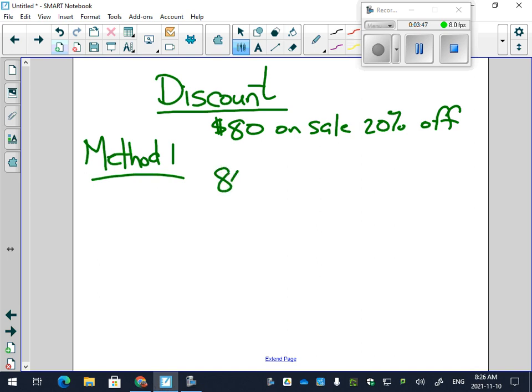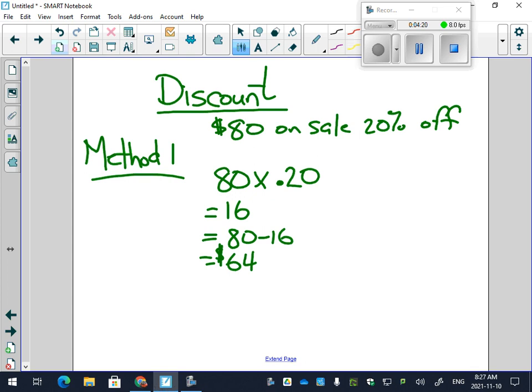So we would do 80 times 20%, and when we write it as a decimal, it's 0.2, and that will be $16. So when you multiply 80 times 0.2, you get 16. But we have to remember that discount is money taken off of something, so it's 80 minus 16, and we're going to arrive at $64 will be the cost before tax.